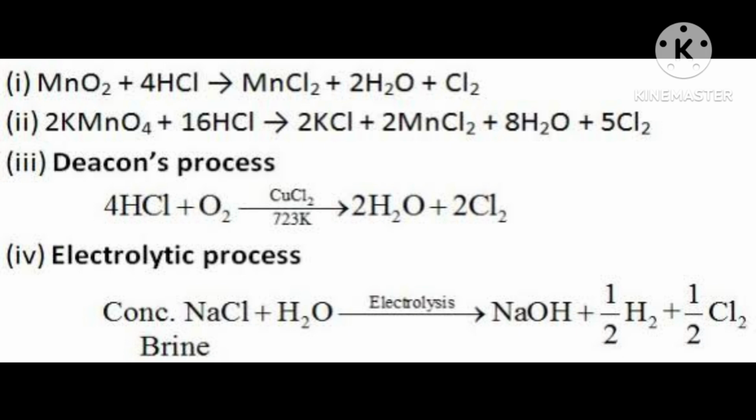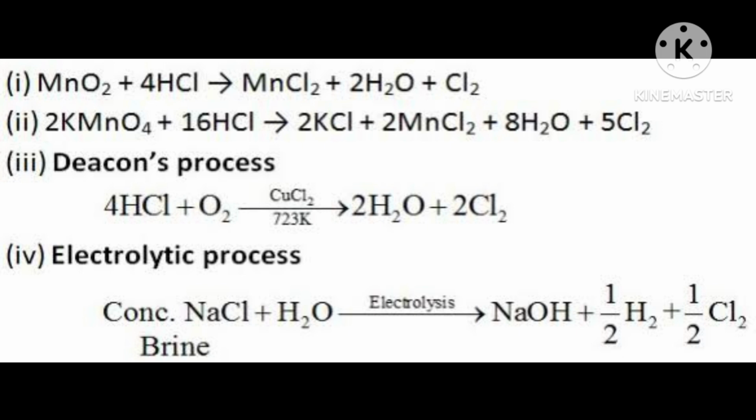The reaction is 2KMnO4 plus 16HCl, which gives 4 products: 2KCl plus 2MnCl2 plus 8H2O plus 5Cl2. One product is chlorine.